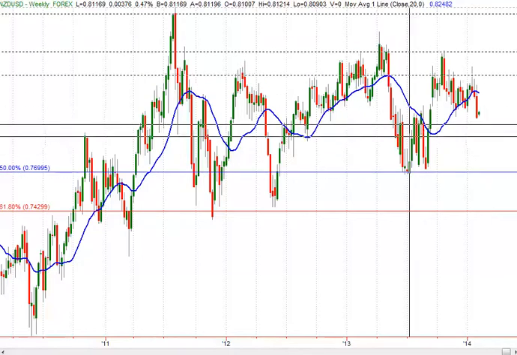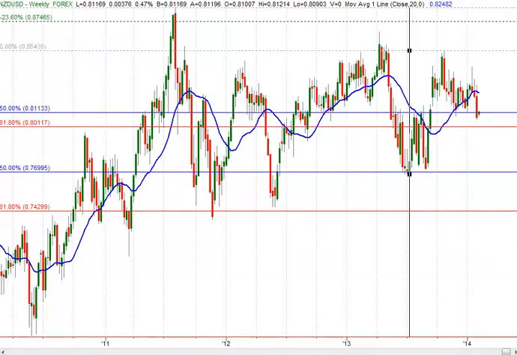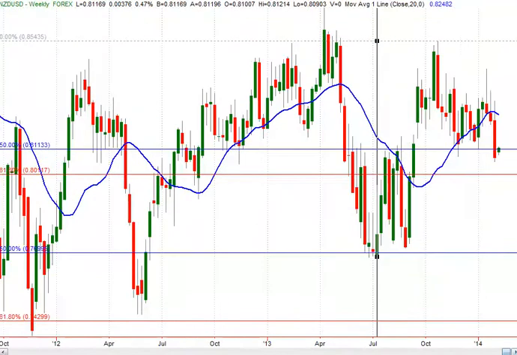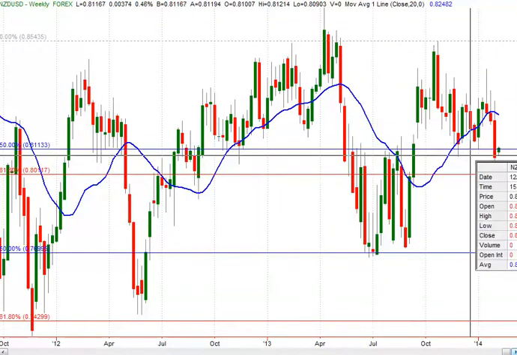And I noticed in the past weeks and months that we had support at 0.8113, and this support was actually respected twice. It looks like now that this is going to be pierced. We lost this support.